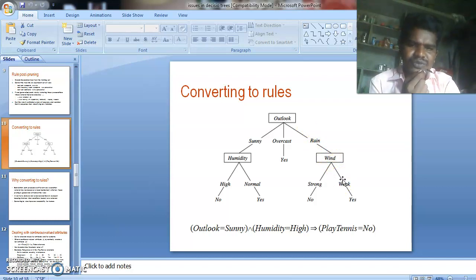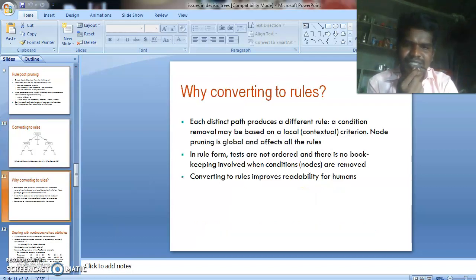This is the set of rules based on the decision tree.